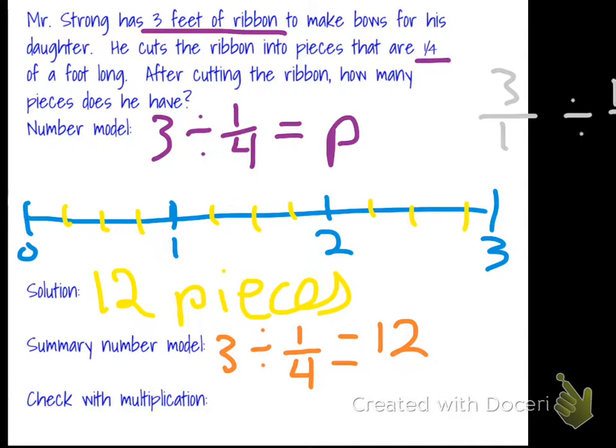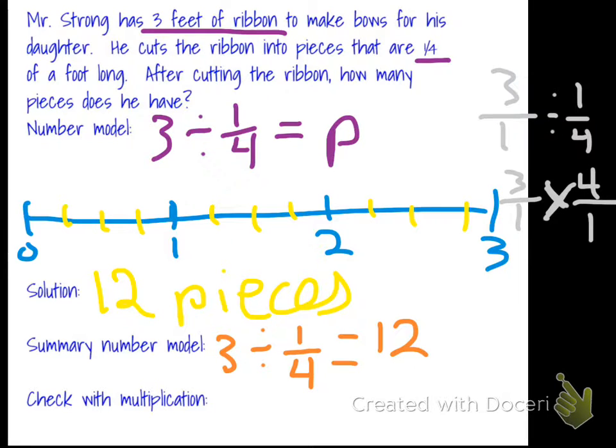We're dividing by 1/4. Sorry, you can't see that. 3 over 1 divided by 1/4. So our first fraction, the 3 over 1, stays the same. We're going to turn divide to multiply, and we're going to multiply by the reciprocal, 4 over 1. So we keep, change, flip.